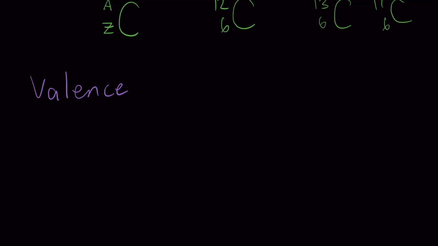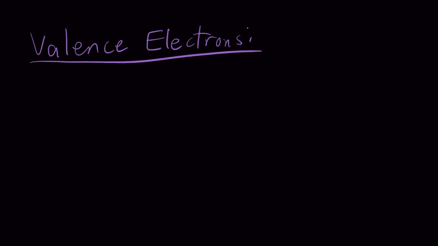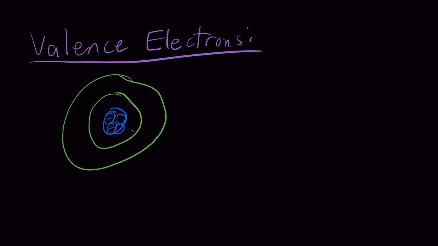Let's talk about valence electrons. Valence electrons are the electrons on the outermost shell. So what does that mean? We got the nucleus in the middle with all the positive protons and the neutral neutrons. And then on the outside, we got these shells. The electrons are moving around, they're negative.